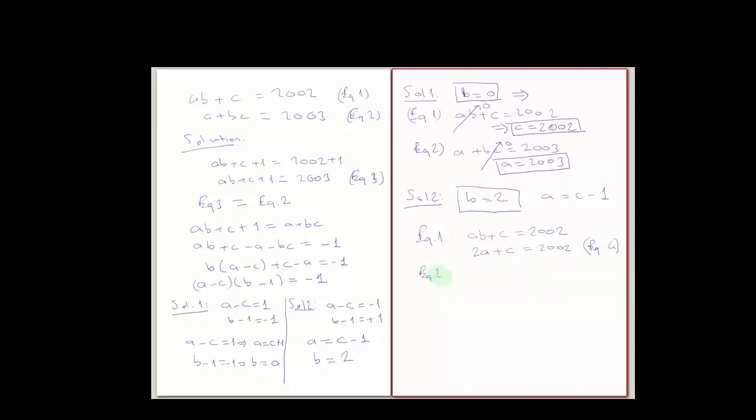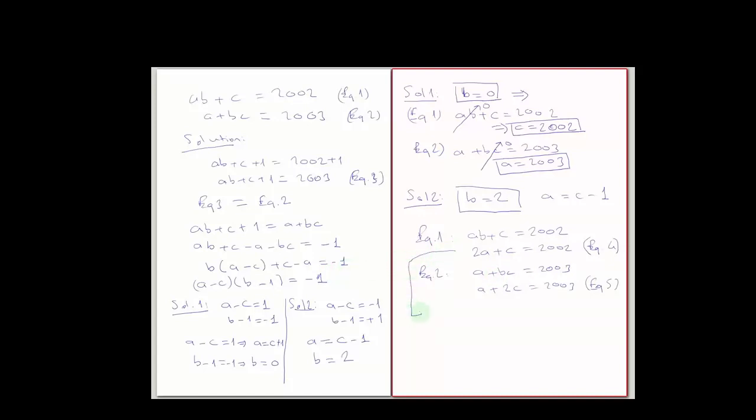And from equation 2, A plus BC is equal to 2003, and since B is 2, we can write A plus 2C is equal to 2003. Let's call this equation 5. As we mentioned, now we have equation 4 and equation 5. Those are 2 equations and 2 unknowns, so we can solve that.